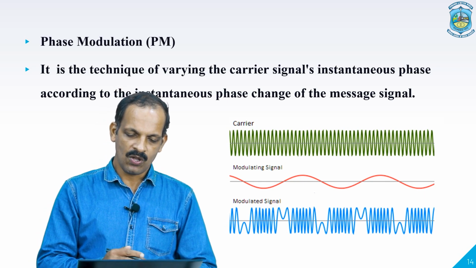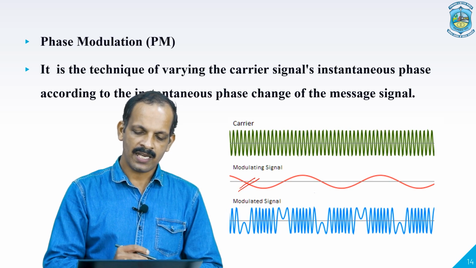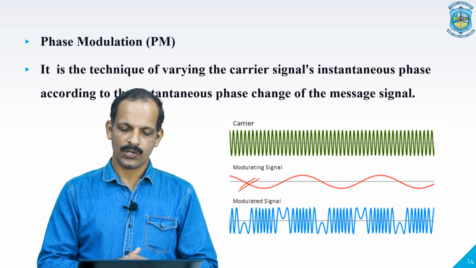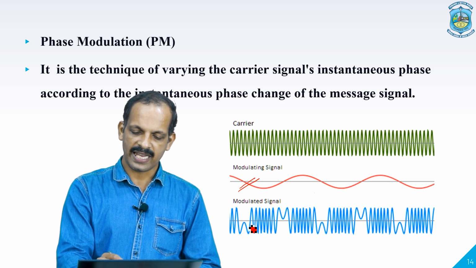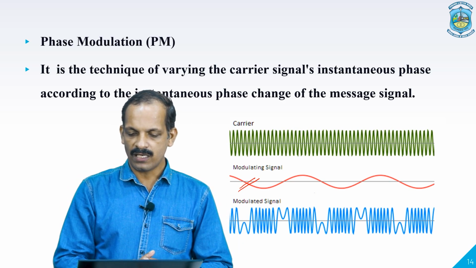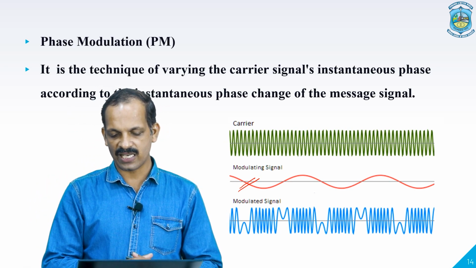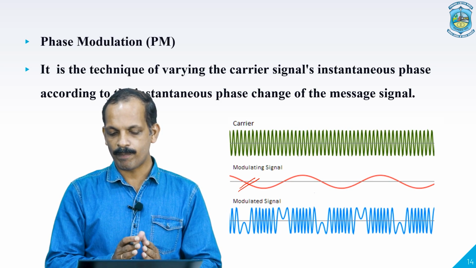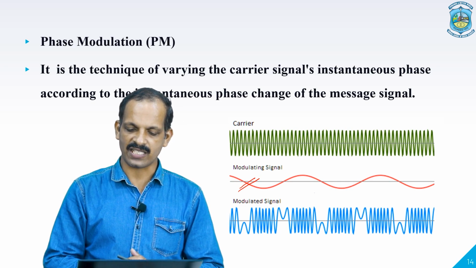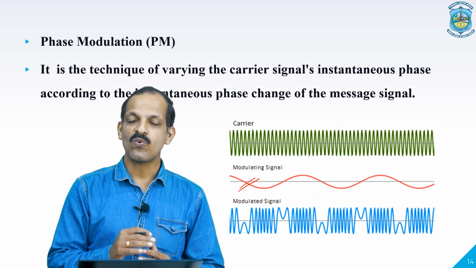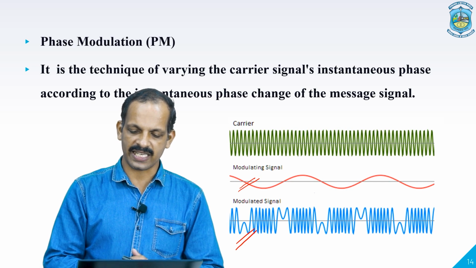When the information signal changes, you can see there is a phase change in the carrier signal. For example, the red one is the information signal. When the information signal changes from positive to negative, the carrier signal changes its phase by adding 180 degrees. Here you can see this is the phase change in the carrier signal.